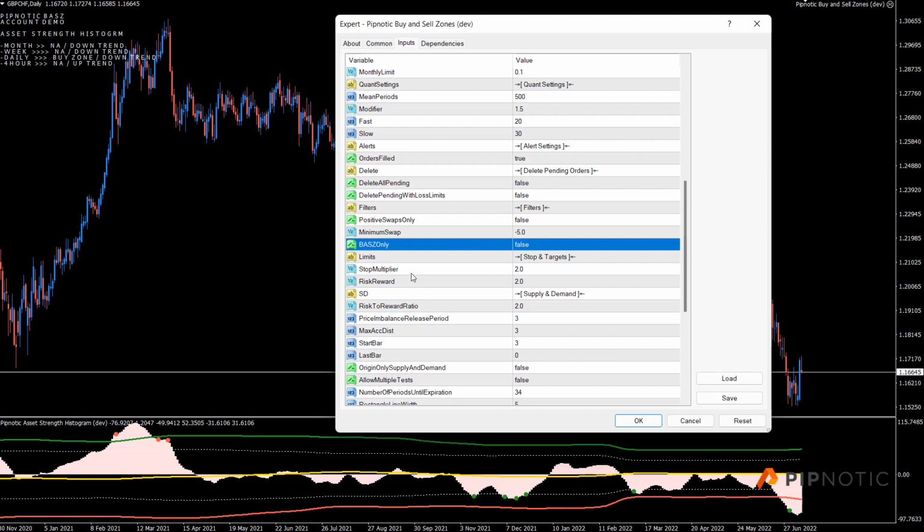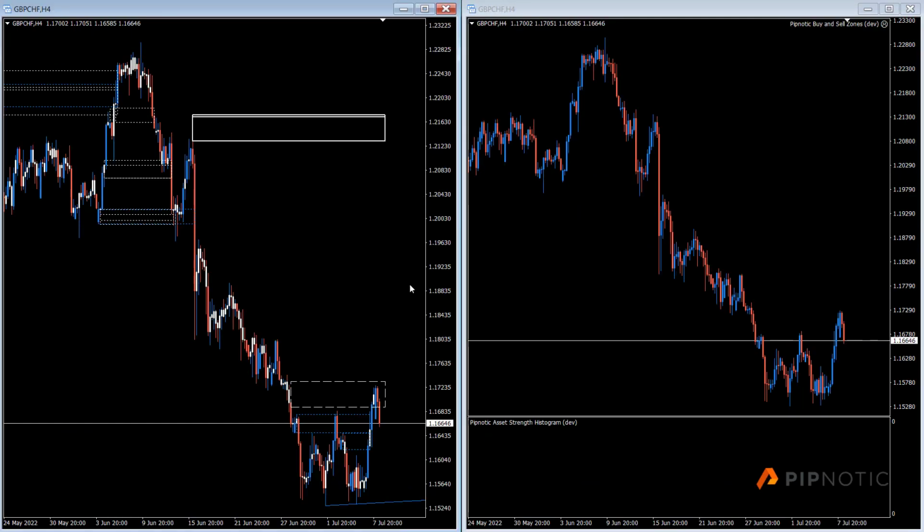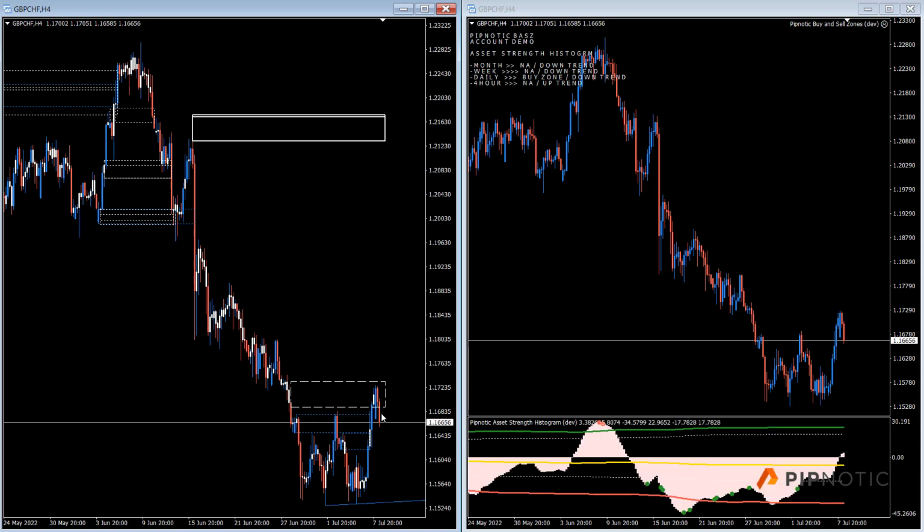Okay, we have the stop multiplier and the risk reward. Let me turn this off and go like this. We actually have a trade here. The robot took this trade on another account, we sold just here.